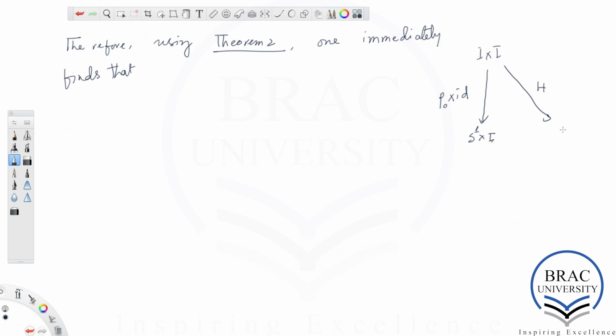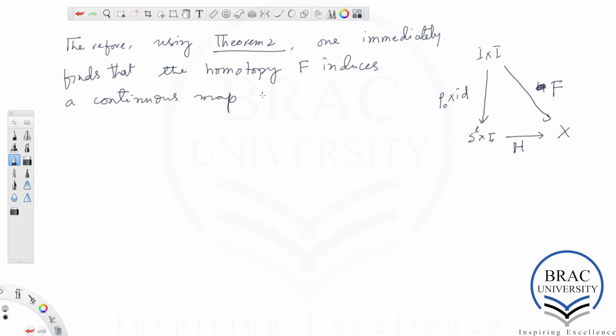Sorry, this is not H. This is F, and we denote this guy as H. One immediately finds that the homotopy, which is a continuous map, of course, the homotopy F induces a continuous map H from S1 cross I to X, with respect to which this is our figure 3, with respect to which figure 3 commutes.